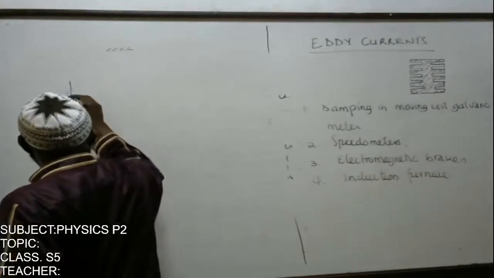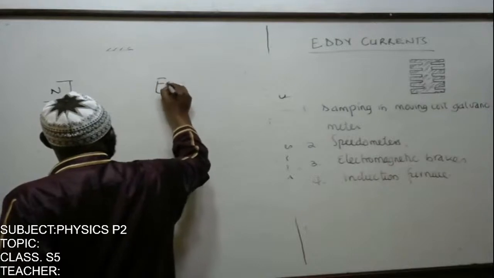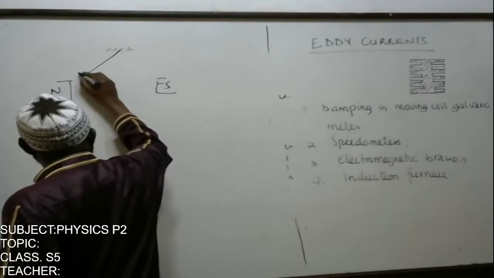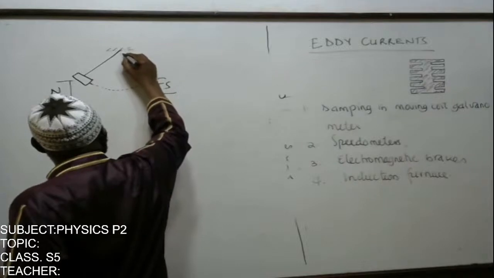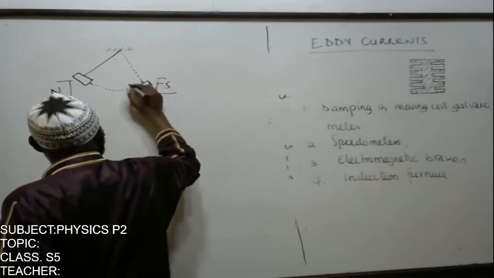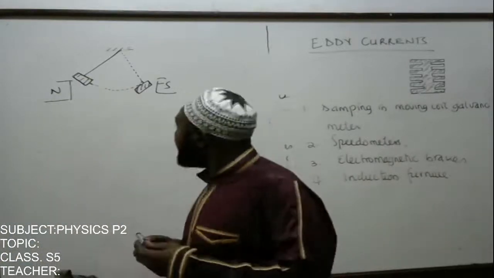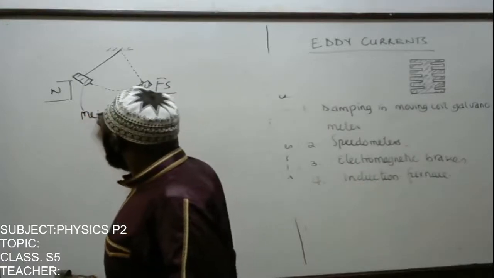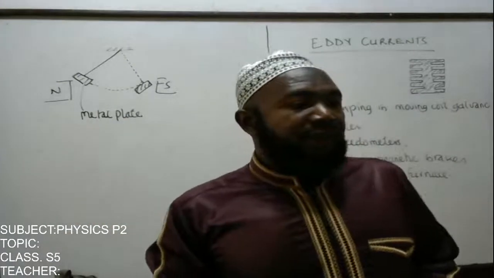So, if you have a magnet here, another magnet here, we can have a metal plate. So we are saying a metal plate is suspended in a magnetic field.